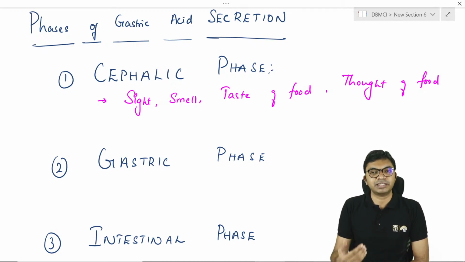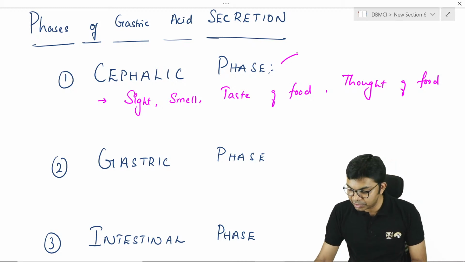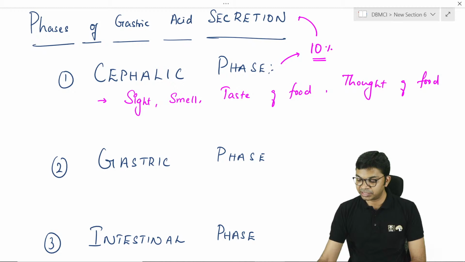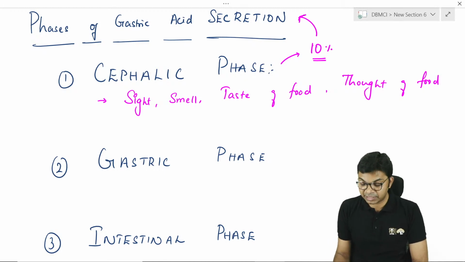Before even the content reaches the stomach, there is going to be production of gastric acid, and this happens at a 10% rate. 10% of acid secretion is purely cephalic.